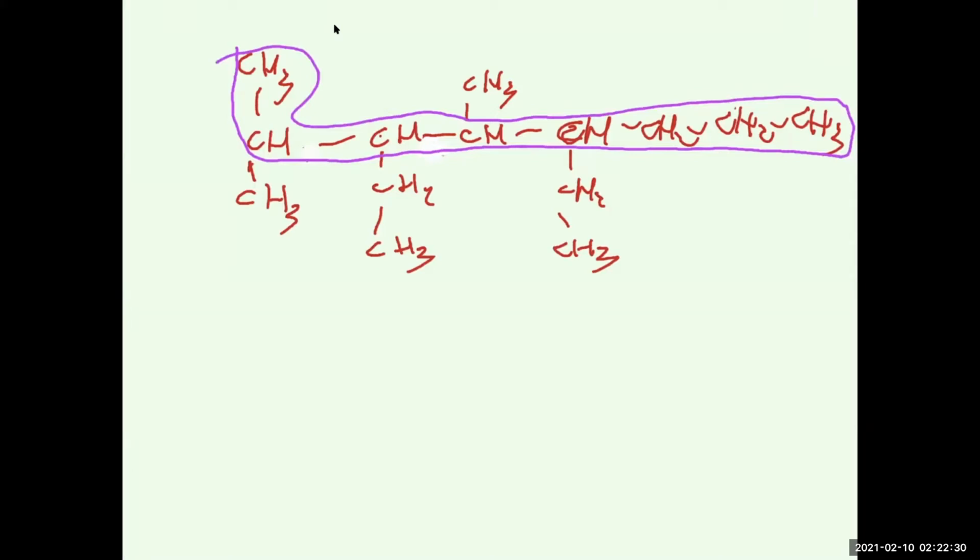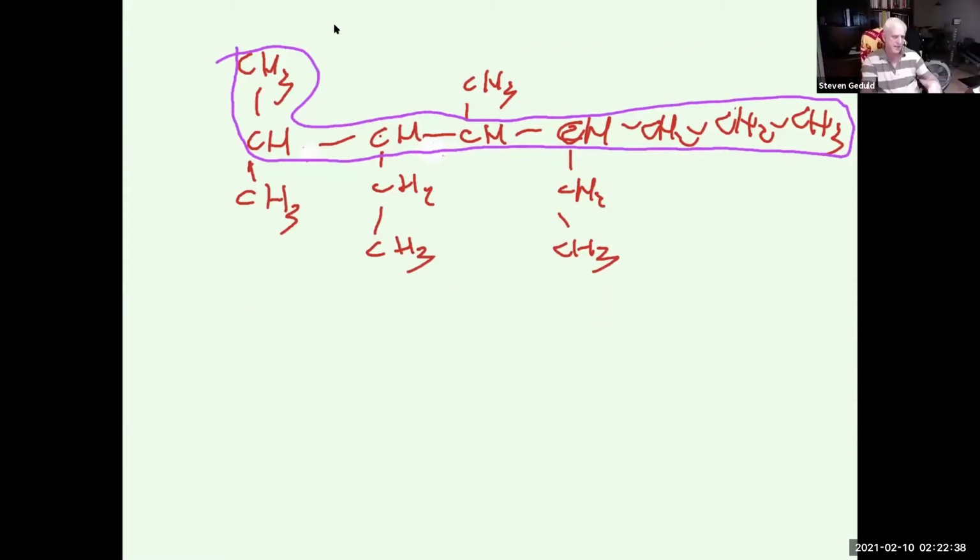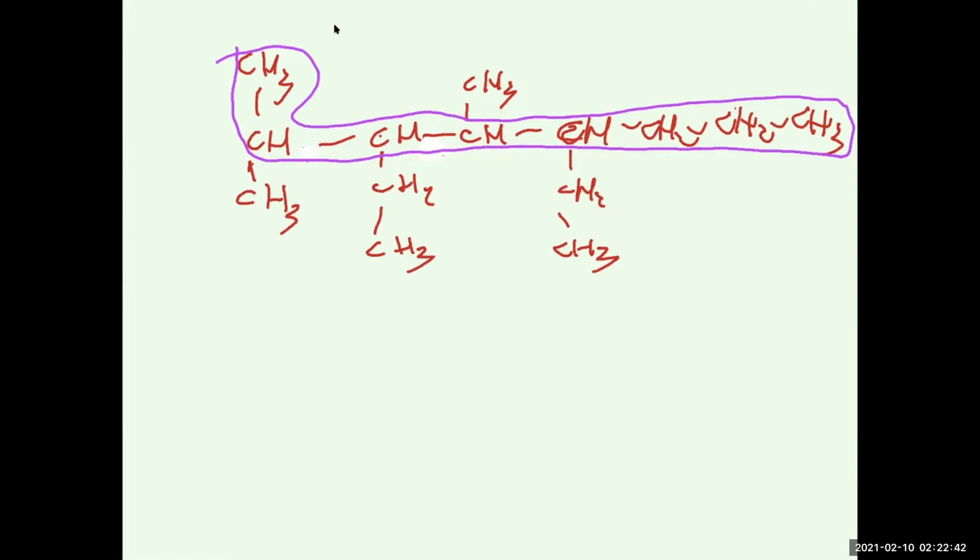Does it matter if you were to take it like that as opposed to the second one? It's the same length. So the longest chain is 8, but there are different ways of taking it, because you could have taken the bottom CH3, or you could have taken the CH2 from the second substituent.